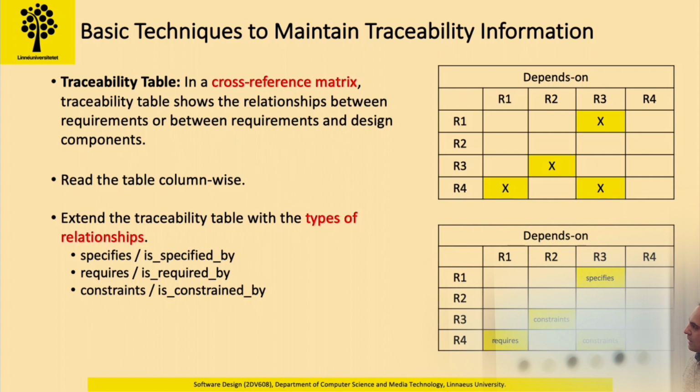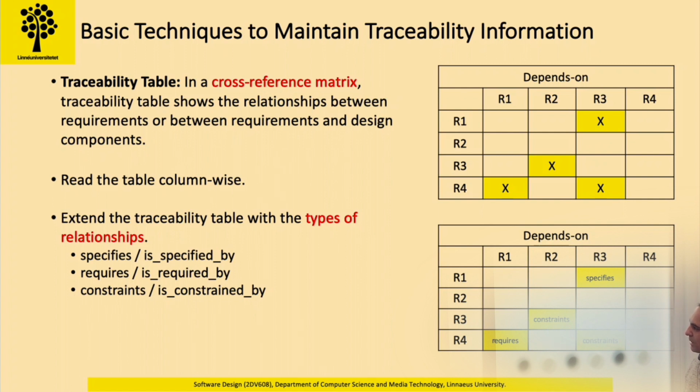Then we can specialize this table into this, like requirement 1 requires requirement 4. That means if you want to implement requirement 1, you have to implement requirement 4 first. Then requirement 2 has some constraint on requirement 3, so again requirement 3 should be implemented before requirement 2.